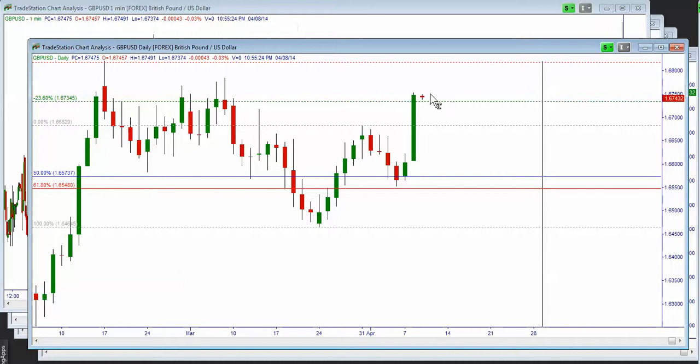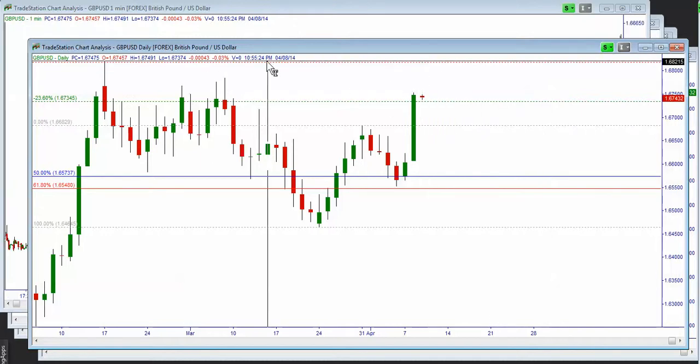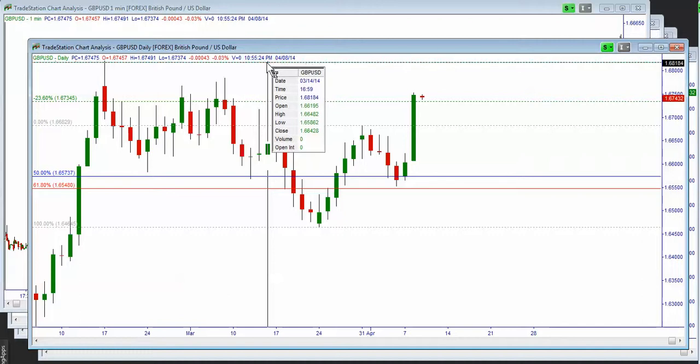And if we get a continuation higher now, which would mean the dollar continuing lower, then there is the possibility for this market to move all the way into previous highs, and this would also be the second target here.